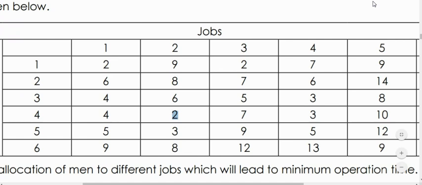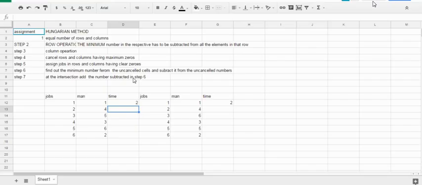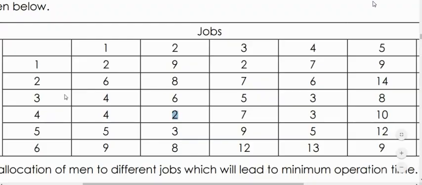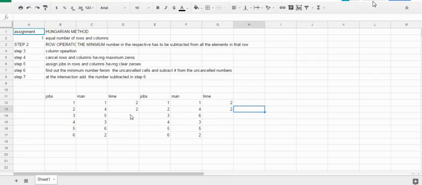So I'll put a 2 here again. Now the third job by the fifth man was completed in 9 hours, and by the sixth man was completed in 12 hours. So in one part I'll put 9 and in one part I'll put 12.